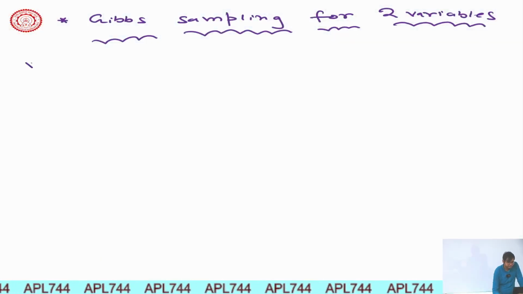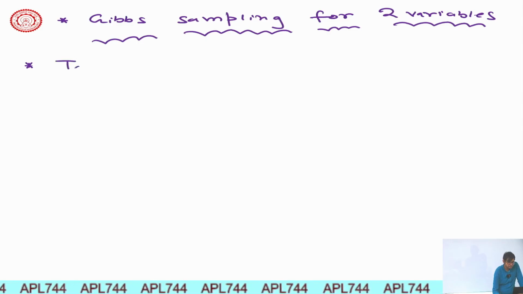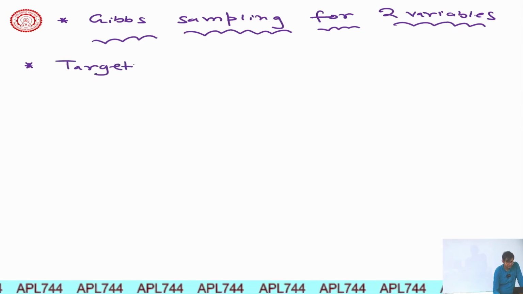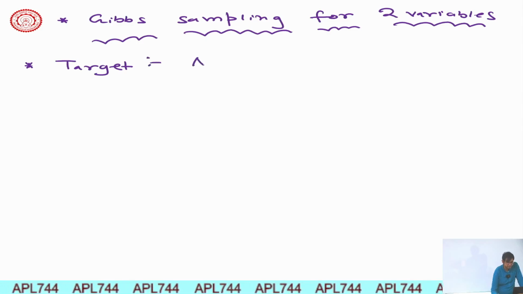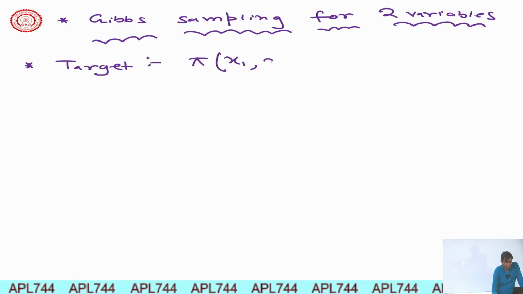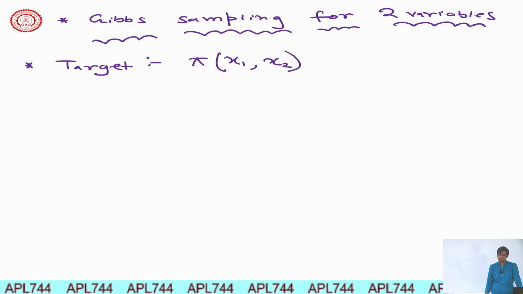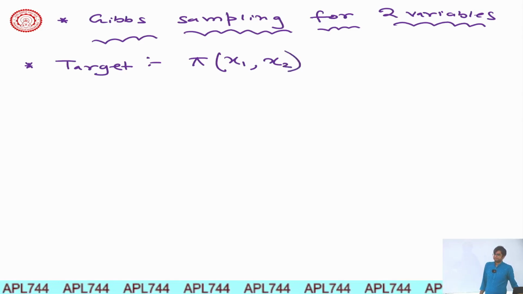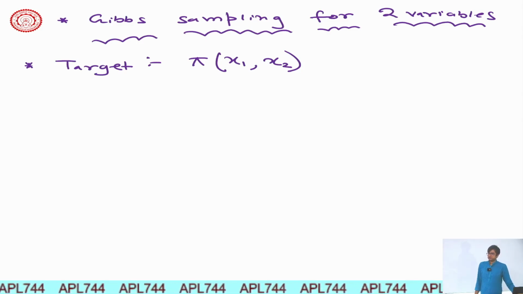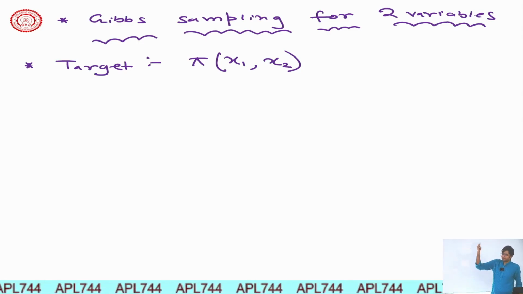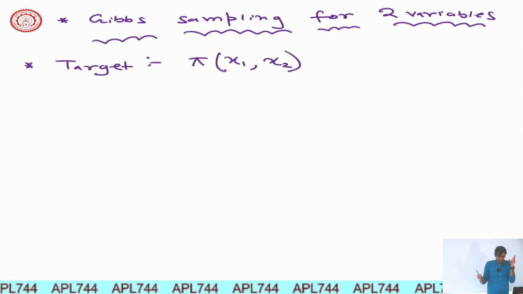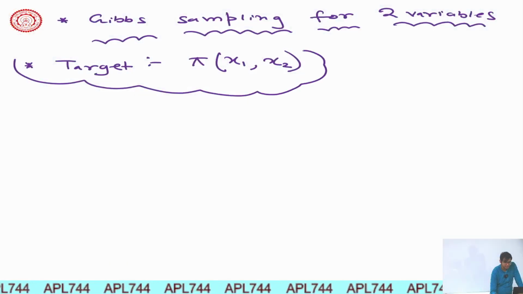Now you will have a target, right? Let's say my target is the distribution from which you want to sample. Let's say that is pi of x1 comma x2. Okay. So that means this is the distribution from which you want to sample. Okay. So this is not part of the, this is a target. So this is not the algorithm as such.